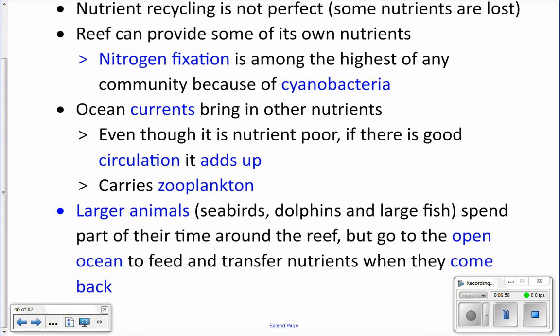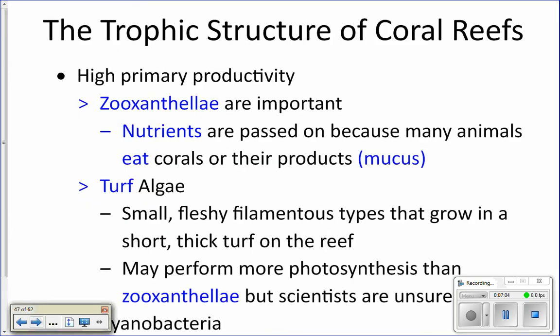Okay? So the things on the reef that do photosynthesis are the zooxanthellae, right, in the coral. Okay, the zooxanthellae in the coral do photosynthesis and give the energy to the coral.